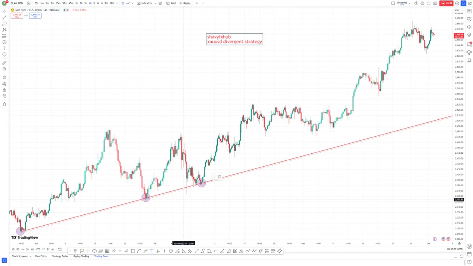So support SR. We want price to return to this level again. The price returns to this level.